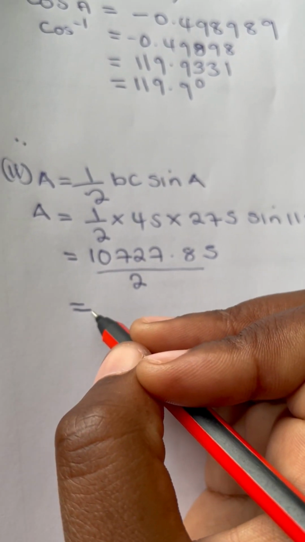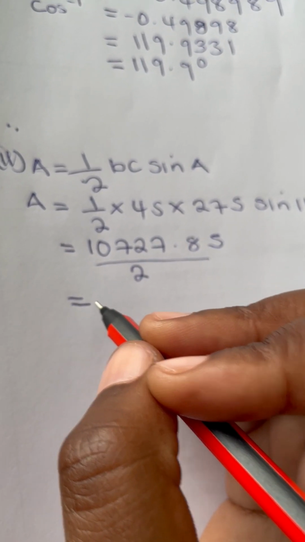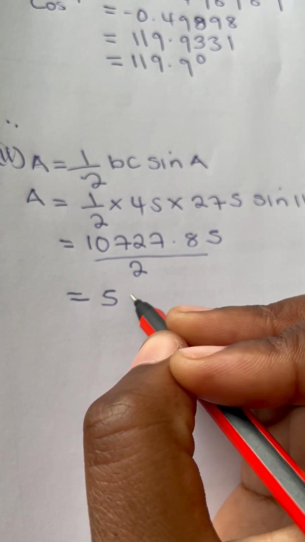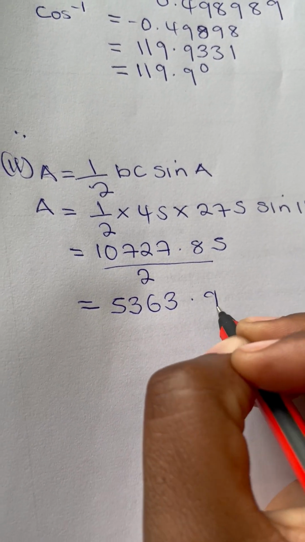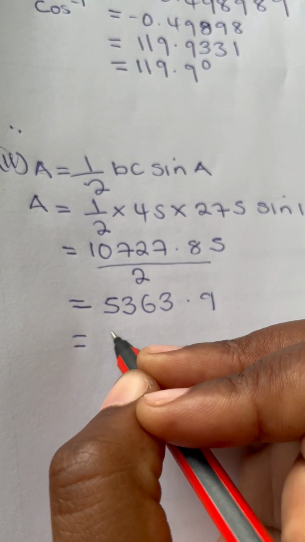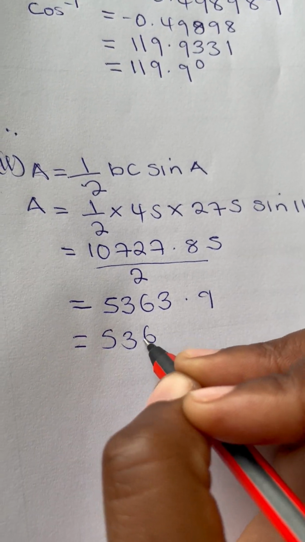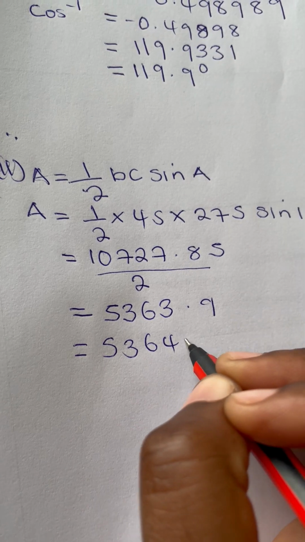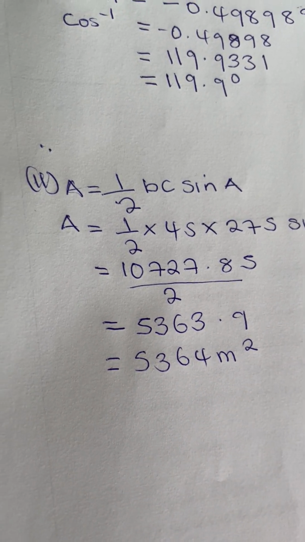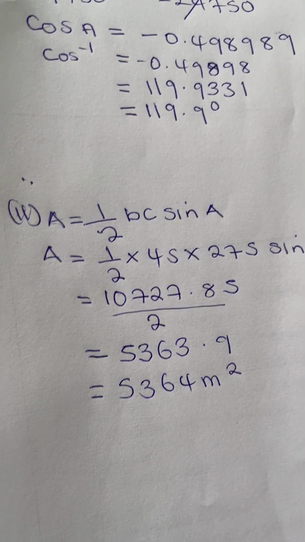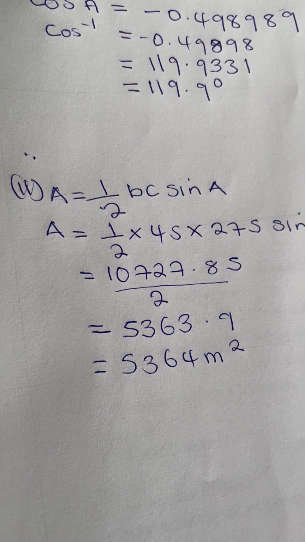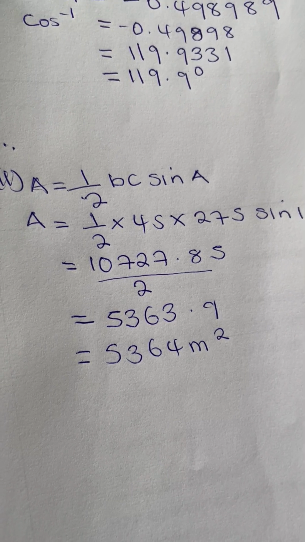Use your calculator, please. I'm getting 5363.9. Round this off and I'll have 5364 meters squared. Remember, we are looking for area. So your area is 5,364 meters squared.